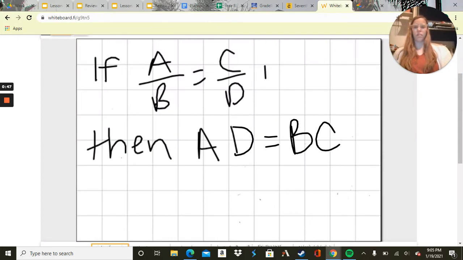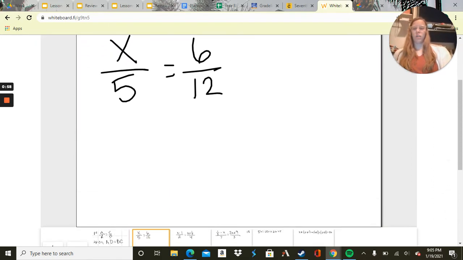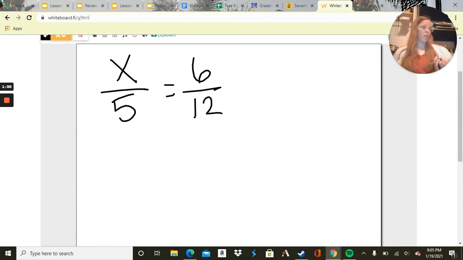So here's what's going to happen. Again, just a reminder, if A over B equals C over D, then A times D equals B times C. Here we have x over 5 equals 6 over 12. I'm just going to double check my notes.